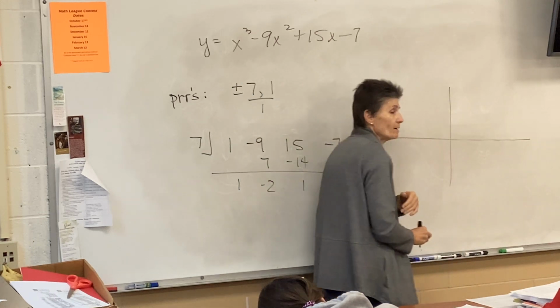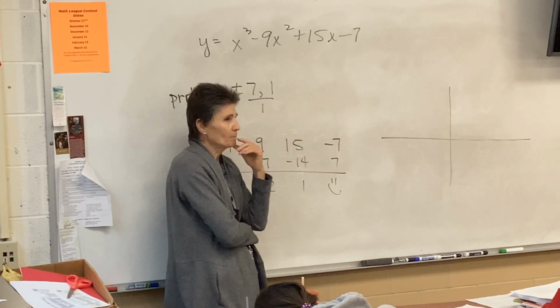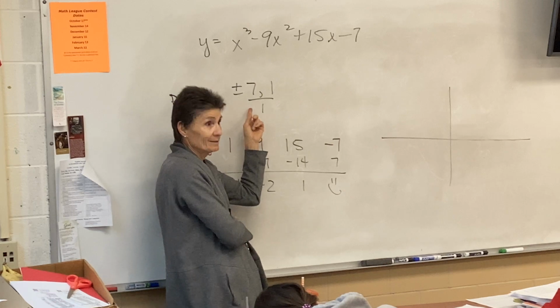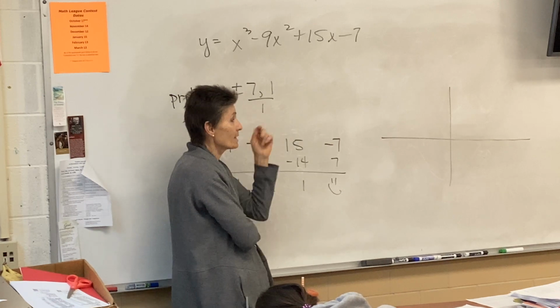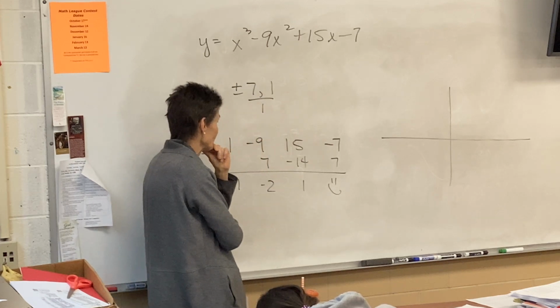You see how your PRRs can be a time saver here? Probably you wouldn't just start off with 7 as a guess, except that's our list, right? So yeah, PRRs are a real time saver for you. They tell you what numbers you should be guessing.